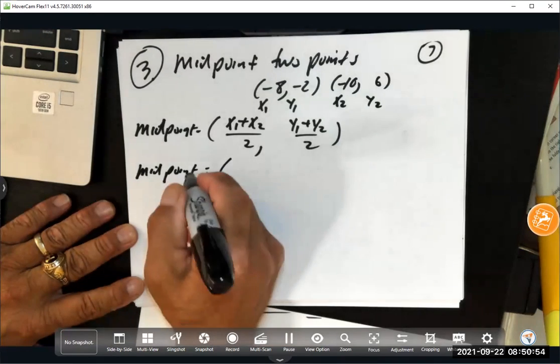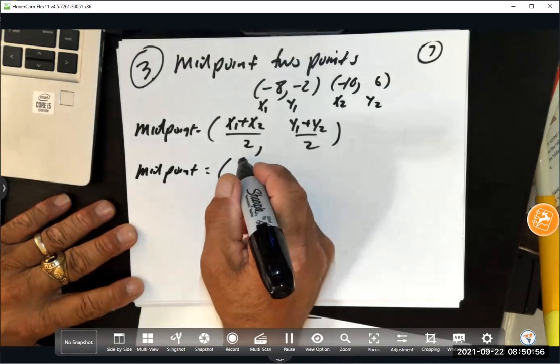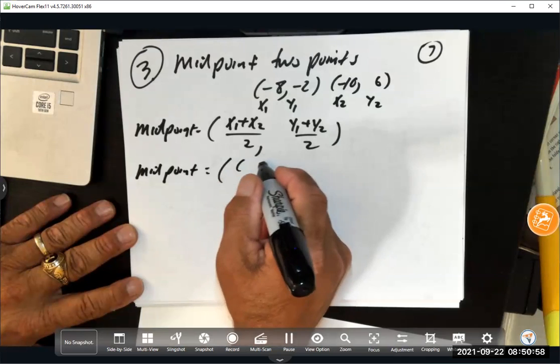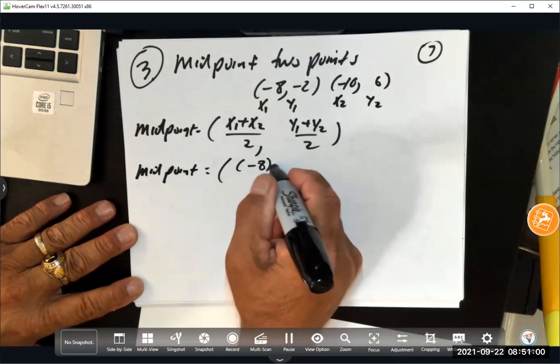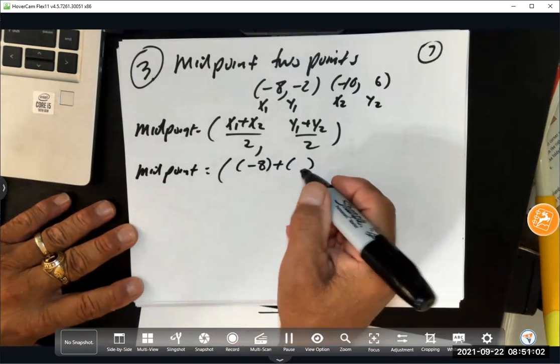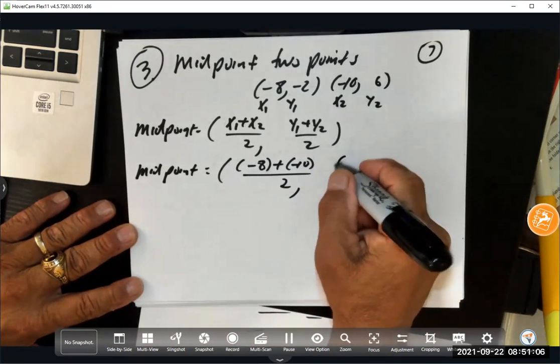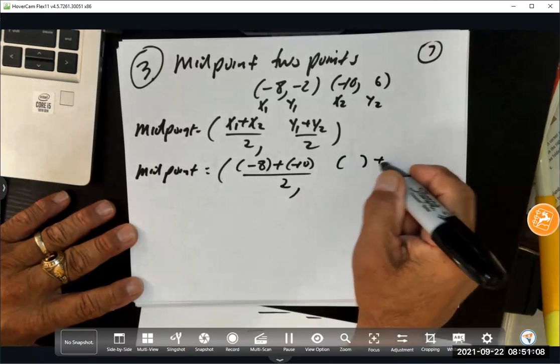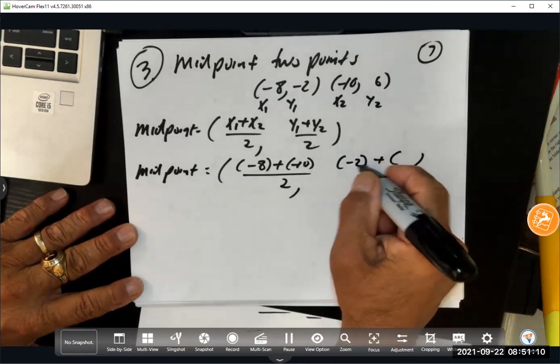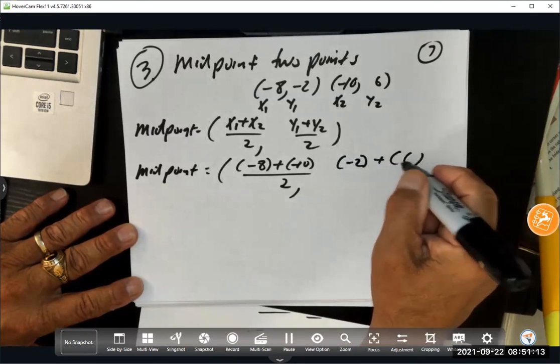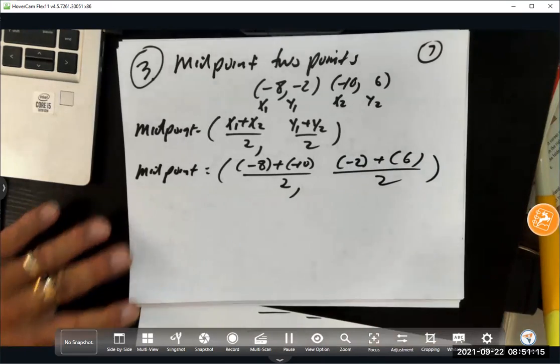So tell me, what is x1? -8. Yes. What is x2? -10. Yes. All right. What is y1? -2. And y2? 6. Everybody get those numbers right there?